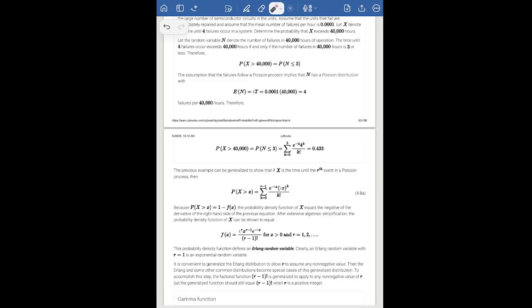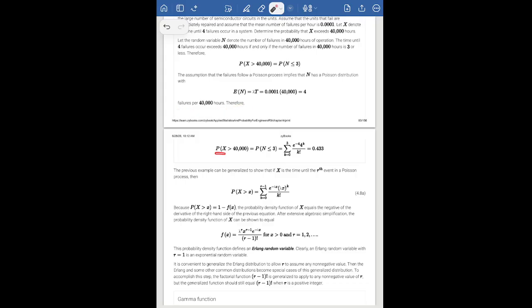Assumption. The failures follow a Poisson process, which implies that N has a Poisson distribution with this as our relationship with this many failures per hour.